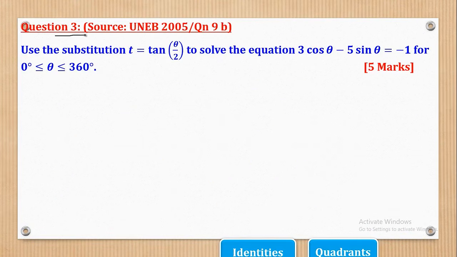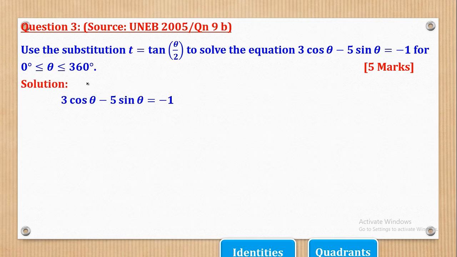Now we shall go to question 3, which came from UNEB 2005, paper 1, question 9b, and says use the substitution t equal to tan theta over 2 to solve the equation this for the values of theta ranging in that interval.